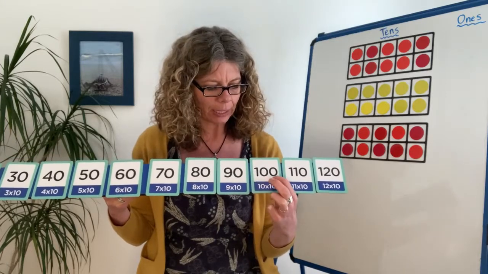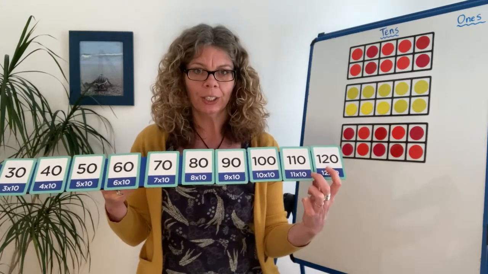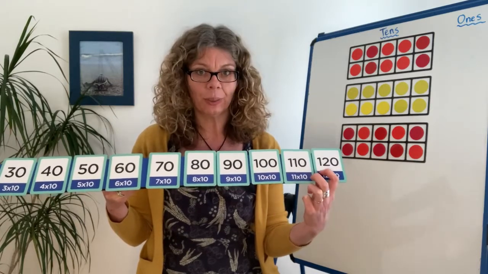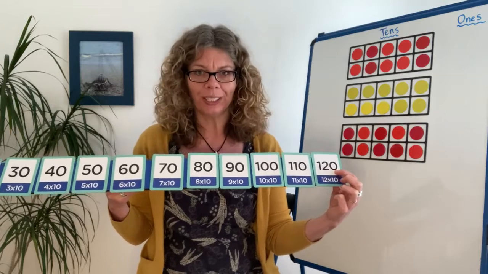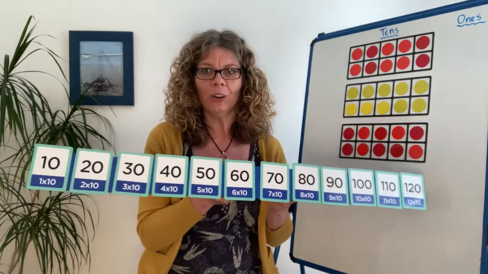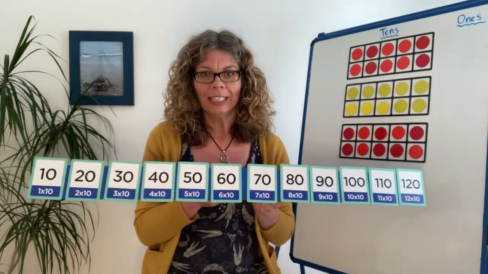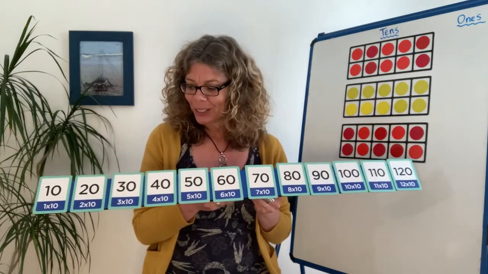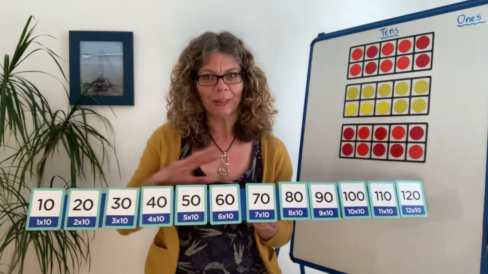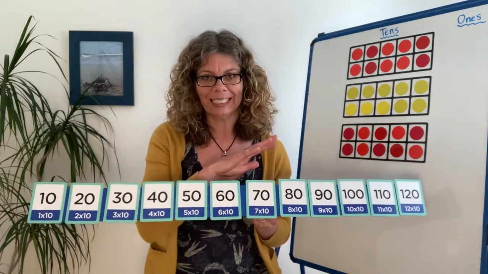We know 10 times 10 is 100, and we just add on 2 more lots of 10. So 100 add 20 is 120. Excellent. So they are all of the facts for your 10 times table. So now is a perfect place to pause the video, take all of those cards off and practice again.